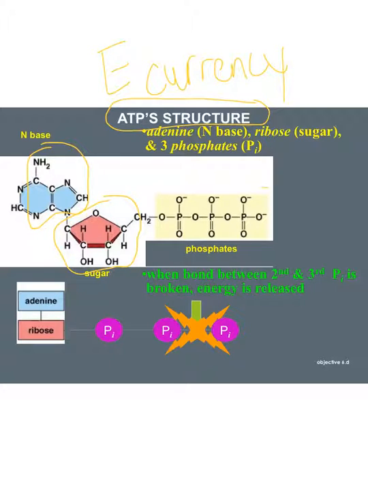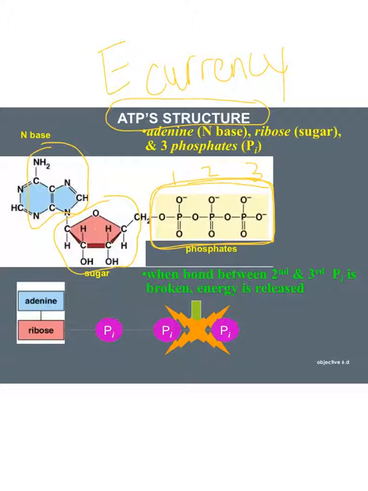That's the same sugar that's present in RNA, so that's your ribose sugar. And then we have 3 phosphate groups. ATP stands for adenosine triphosphate. That's where the 3 phosphates come from. So we have the adenine, the ribose, and then 1, 2, 3 phosphates. Again, ATP is the way that your cells store, use, spend energy.